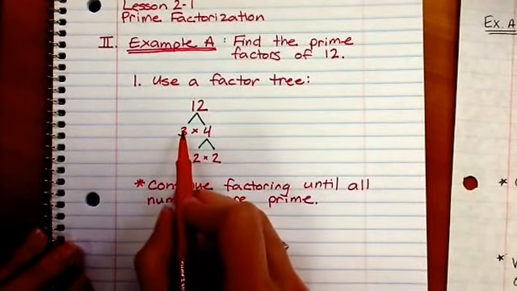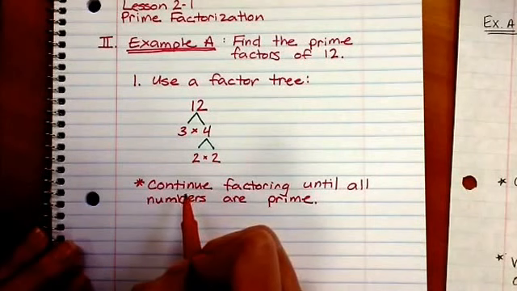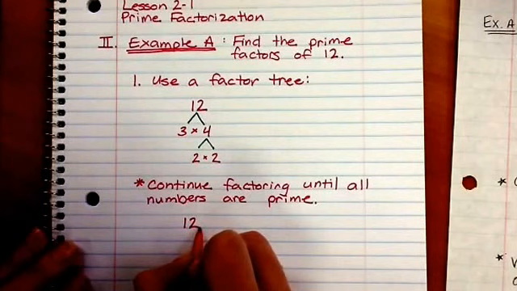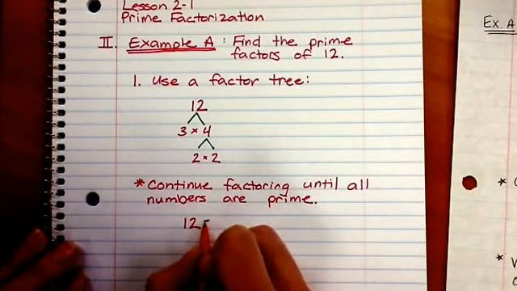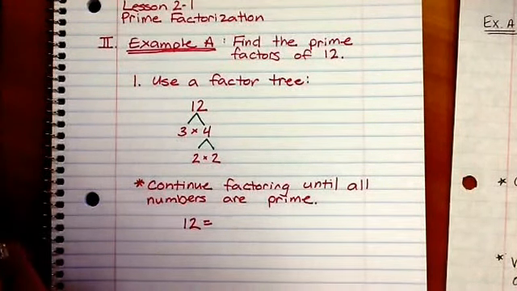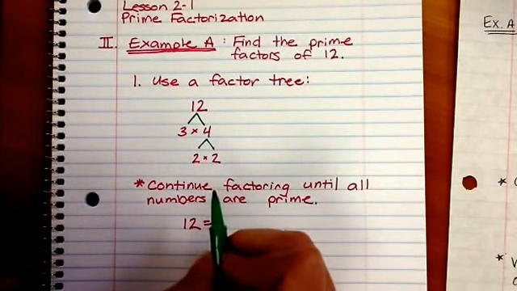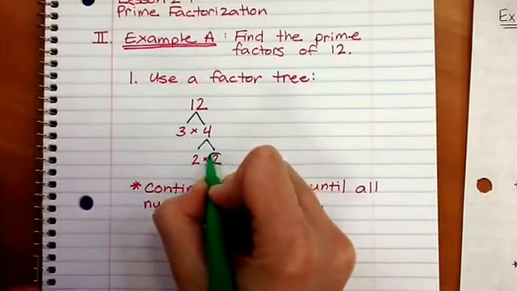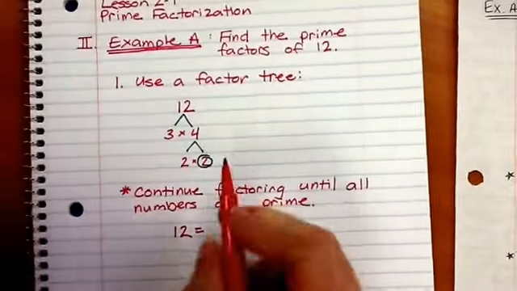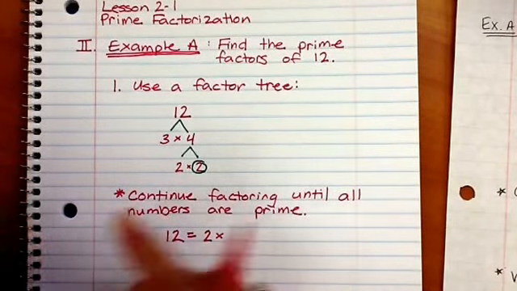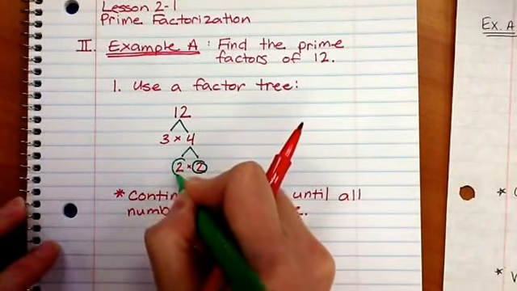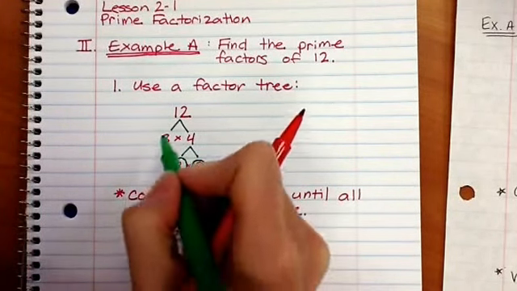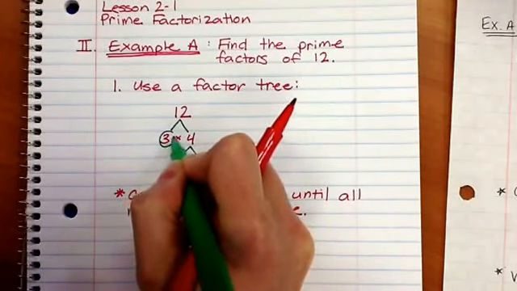Now, once you have your prime numbers, you want to place this into an equation. And we are going to say that 12 equals, and we're going to pull out our prime numbers, and we are going to pull them out from least to greatest in sequential order. So I have my 2, so I circle it and I write it, so I know I've used it, times 2 times my final factor, 3.